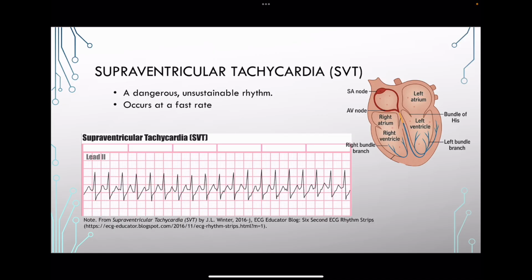So that P wave that is there is hidden in the previous QT wave because it's irritated, so it's beating faster. SVT stems from above the ventricles. That is why it only changes the distance from one QRS to the next and not the actual shape of the QRS, because it's affecting your atrium and not your ventricle shape. So if it stems from the ventricles, it would mess with your QRS.